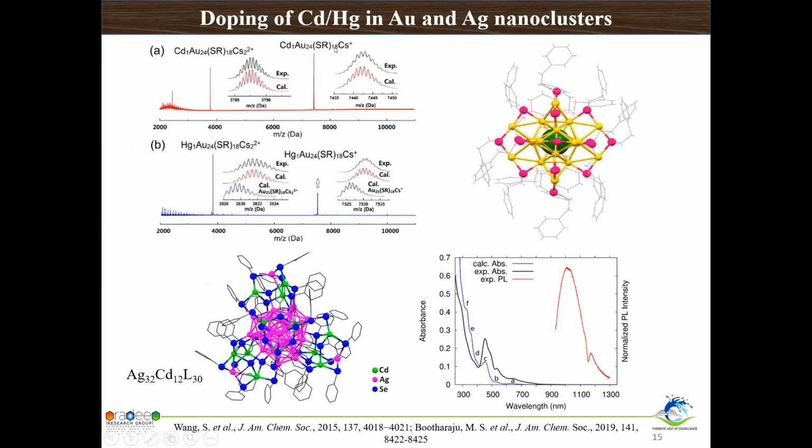We have also observed the doping of cadmium and mercury in gold and silver nanoclusters. Though doping of cadmium and mercury is a bit difficult, it was obtained, and the doping of cadmium in gold nanocluster can only be obtained via the anti-galvanic reduction process.